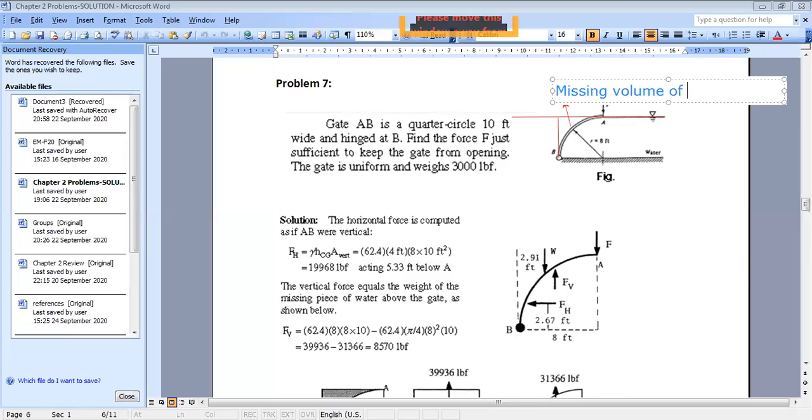Okay, we have demonstrated last time that if I have a surface and I want to find what is the vertical force of the fluid on it. Here, as you can see, the fluid is below the surface. So if you want to find the effect of the force on the surface, you can say that it is equal to the volume of the missing part.